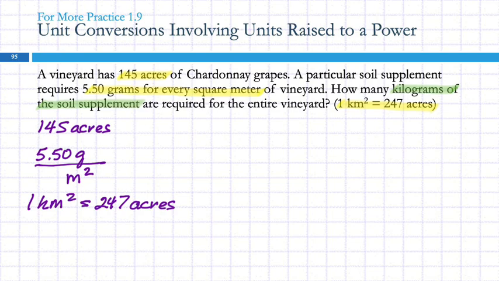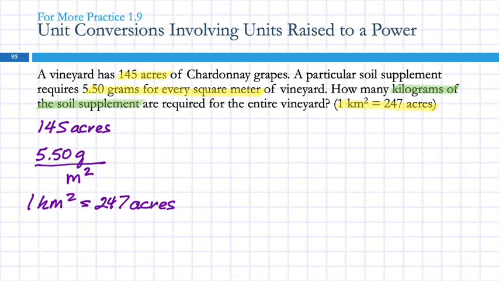Now the tricky thing is, which of those is my starting point? They can't all be the starting point. We can only start at one place. Almost always, it's going to be the one with the simplest unit. This one is just acre. This is grams per square meter, which could be used as a conversion factor, right?